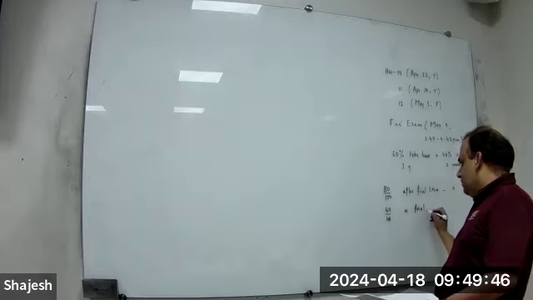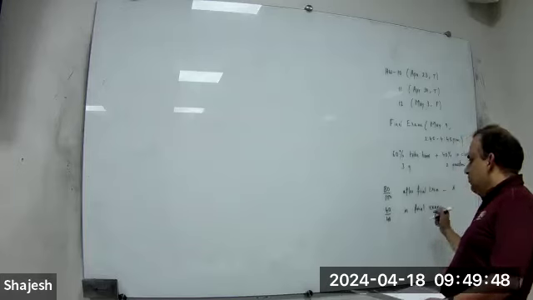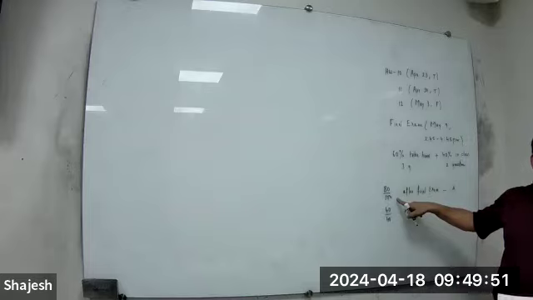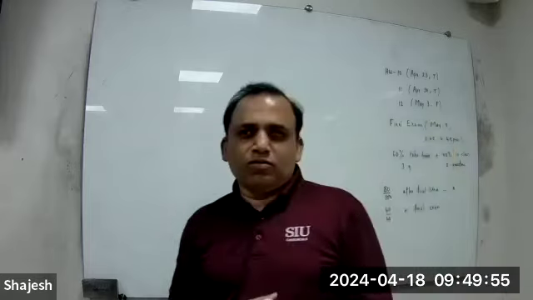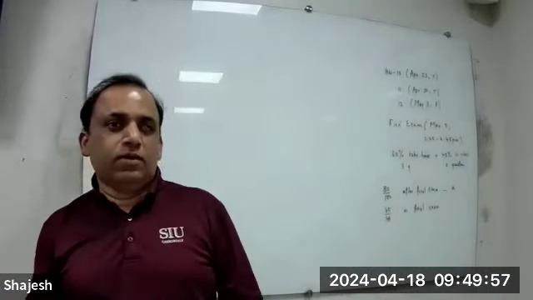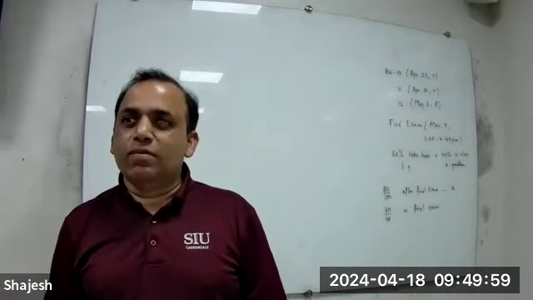So either of this, if you get this or this, you get an A. It is possible for all of you to get an A, that's what I mean.